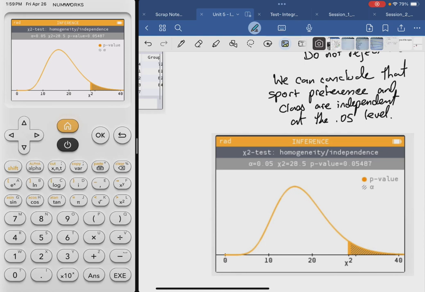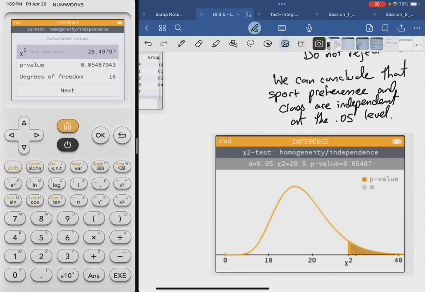The alpha value is indicating the cutoff between the rejection of the null and failure to reject. If the p-value is contained within the alpha, then we would reject the null hypothesis. But it burst free and it's beyond the alpha, so we fail to reject the null hypothesis.